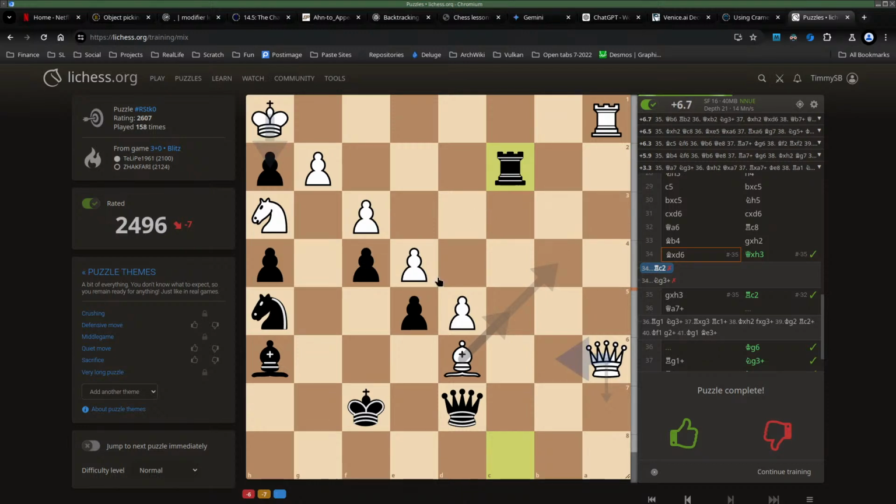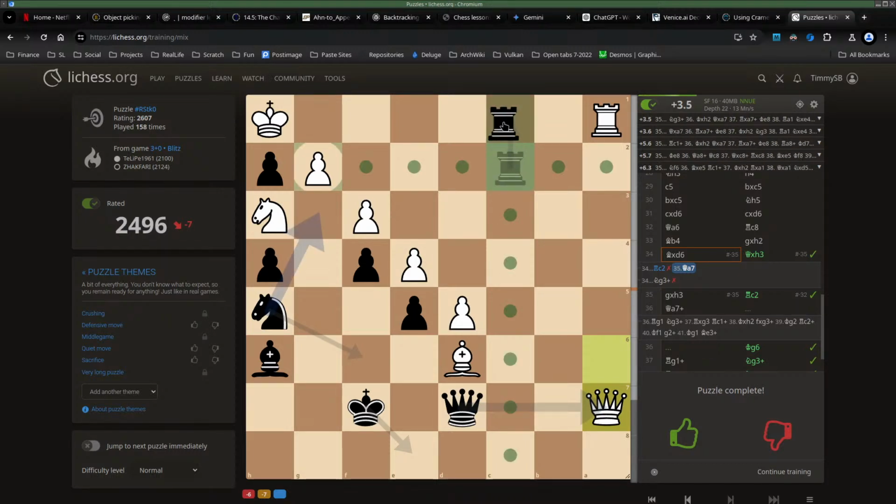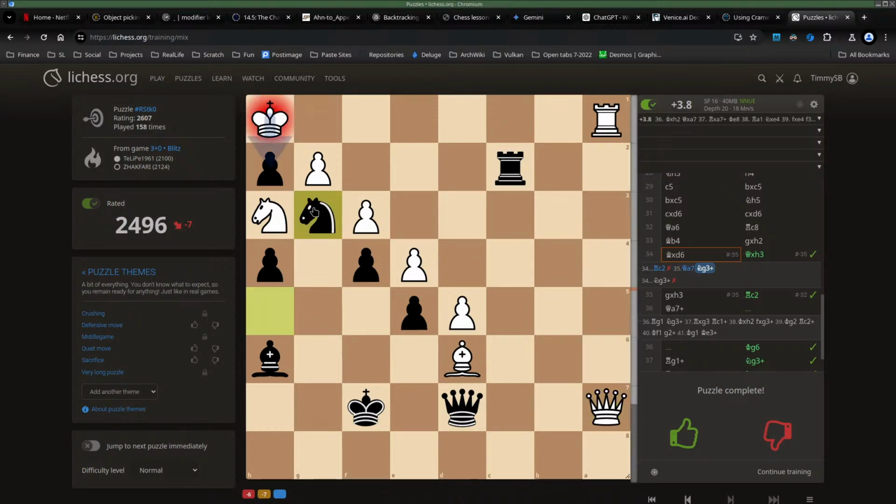Yeah. I looked at this move. Then I thought you can just move this. Maybe not even. King can still go away. Why is this the best now?